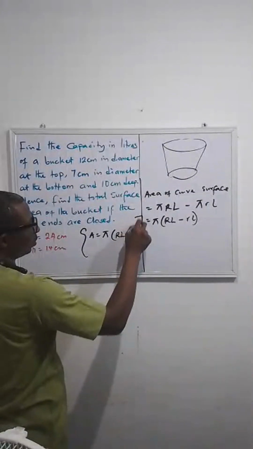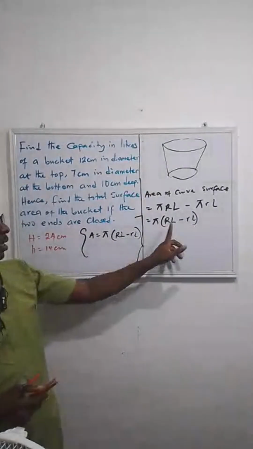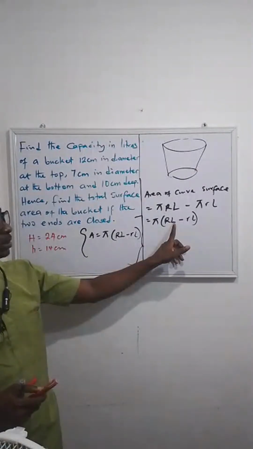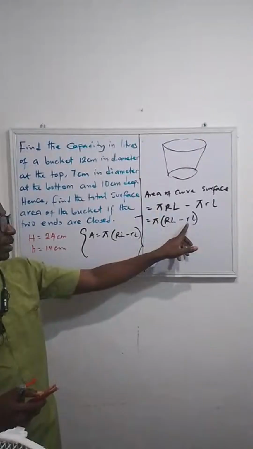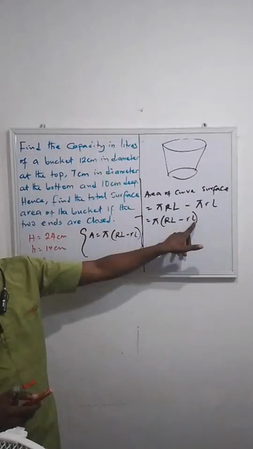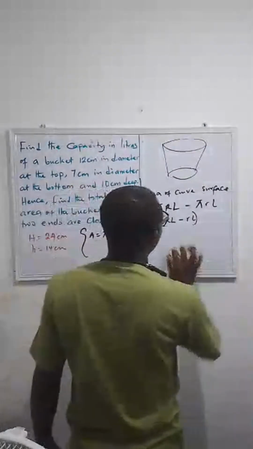So this is the formula we're using. So now we need to get the slant length. L is the slant length. This capital letter L is for the bigger slant length, and the small letter is for the smaller cone. All right, so now let's do that.